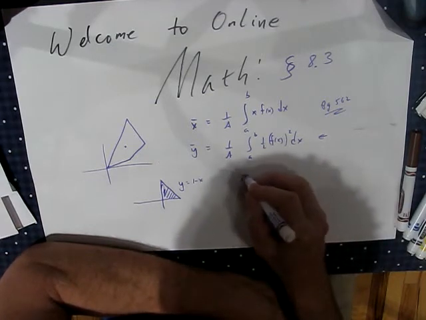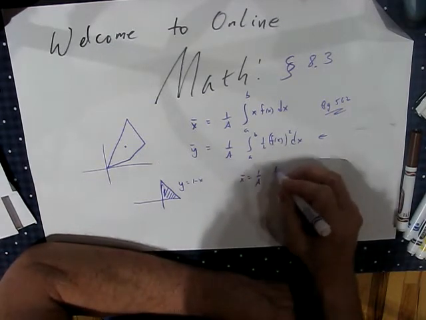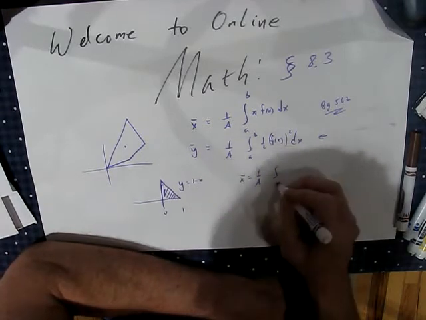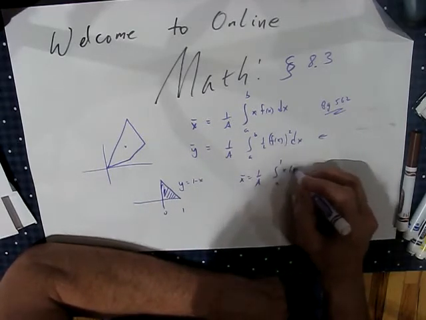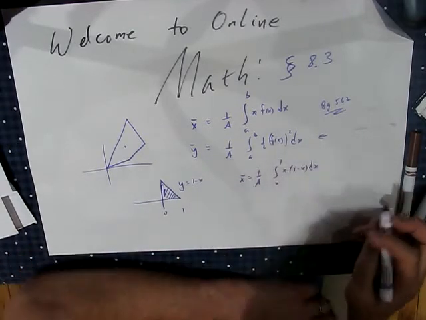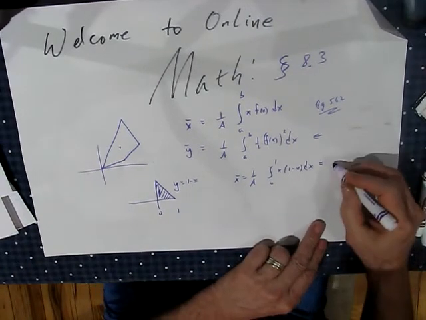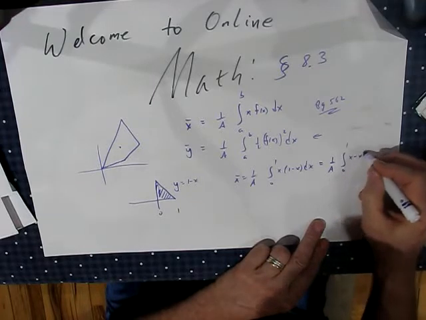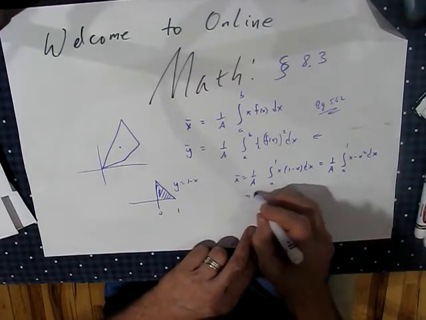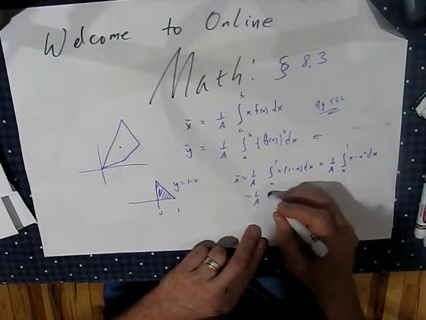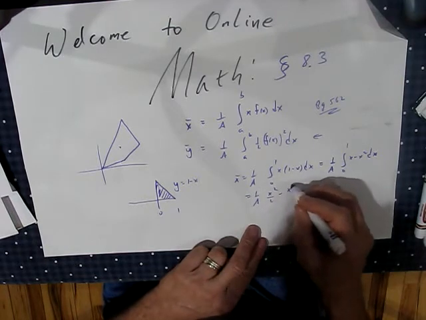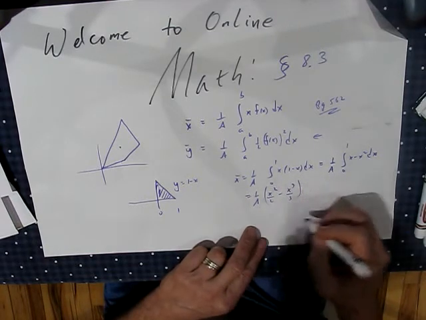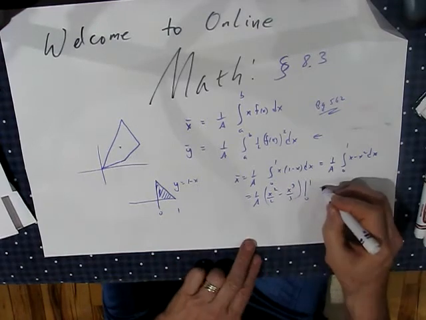So first, x bar will be 1 over a, the integral, and this function exists from 0 to 1, of x times 1 minus x dx, which will be 1 over a, the integral from 0 to 1 of x minus x squared dx, 1 over a, x squared over 2 minus x cubed over 3, evaluated from 0 to 1.